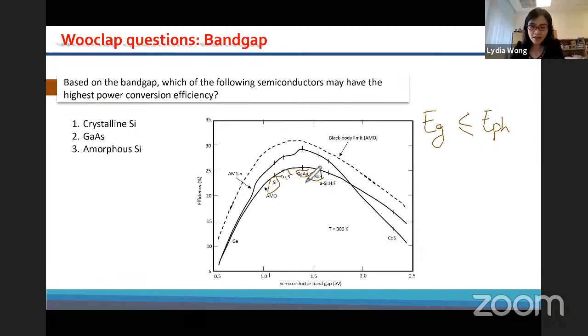Gallium arsenide has a band gap of, let's say, 1.4 eV. Silicon has a band gap of around 1.1 eV. So amorphous silicon has the highest band gap, and silicon the lowest. Which one will absorb the most? Which one will have the highest power conversion efficiency based on the band gap?